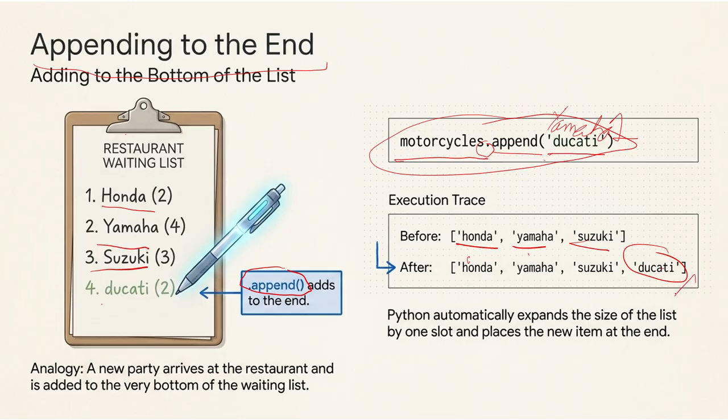After Ducati you will see Yamaha 1 is added. Here they have mentioned Python automatically expands the size of the list by one slot and places the new item at the end.